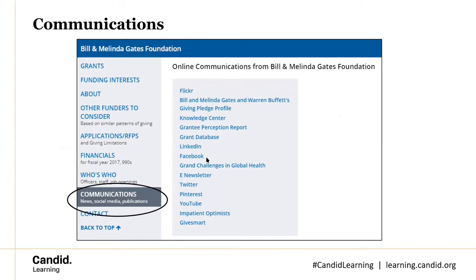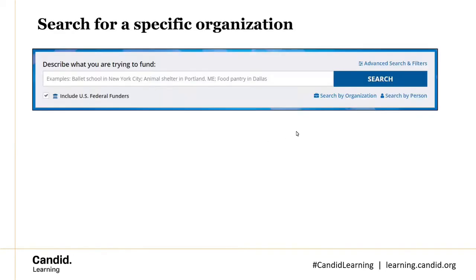So this, to me, as a researcher, is a gold mine of resources that I can check out to help me figure out how to make the approach to Bill and Melinda Gates, because they're on all of these platforms. And I might even, if I'm really savvy, figure out how to use one of these platforms to get my foot in the door.